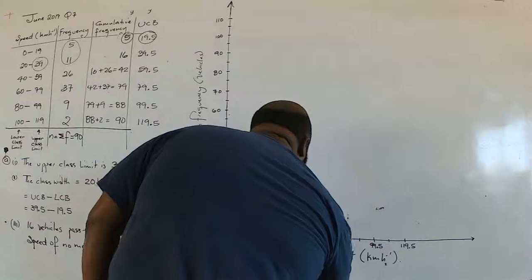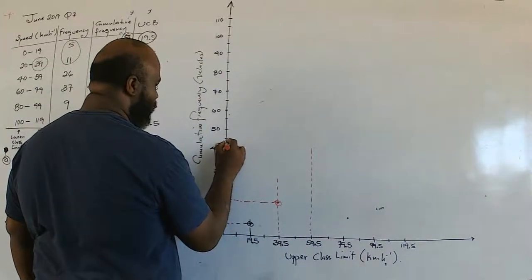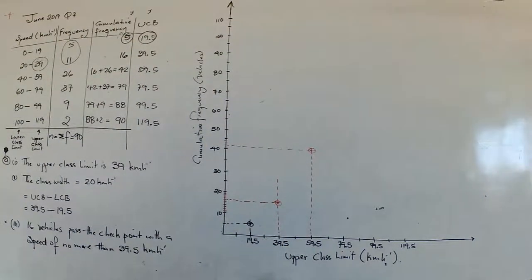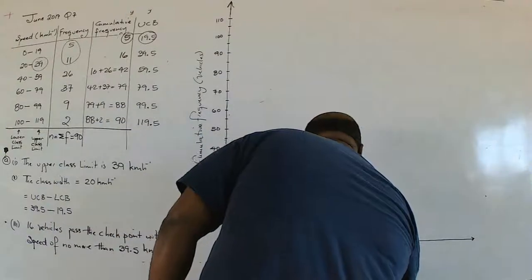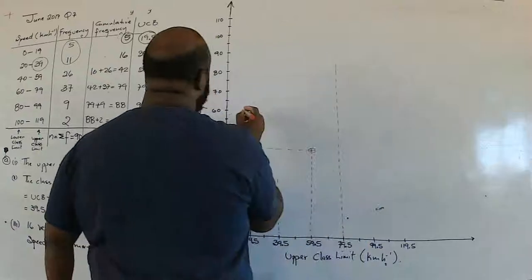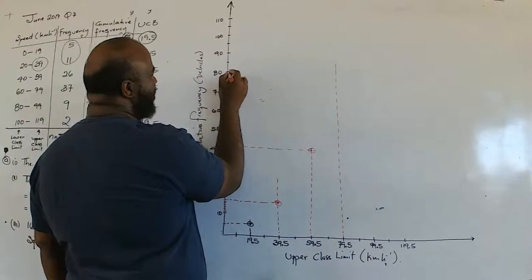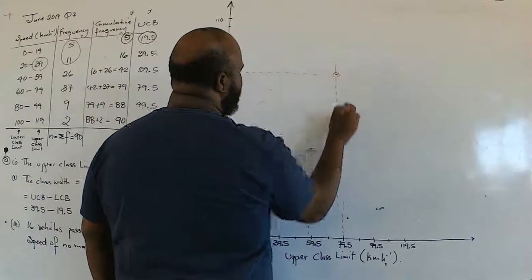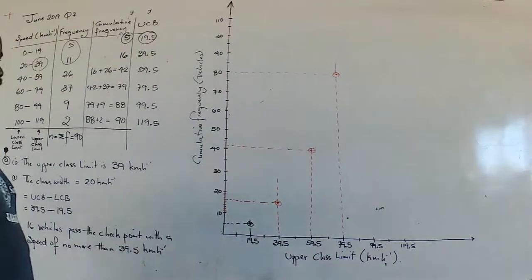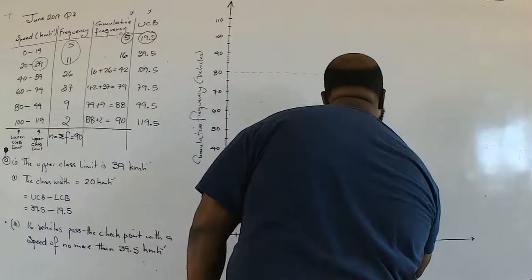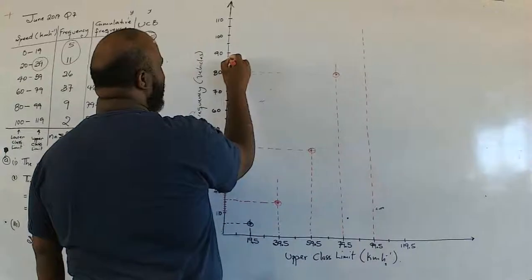59.5 corresponds to 42. 40, 41, 42. 79.5 corresponds to what? 75, 76, 77, 78, 79. 99.5 corresponds to 88: 85, 86, 87, 88.